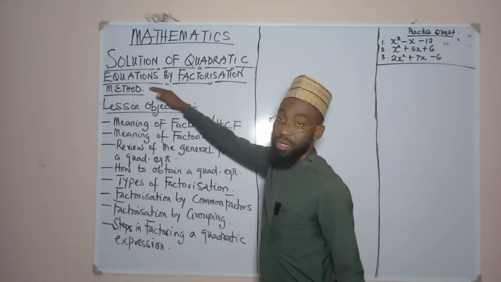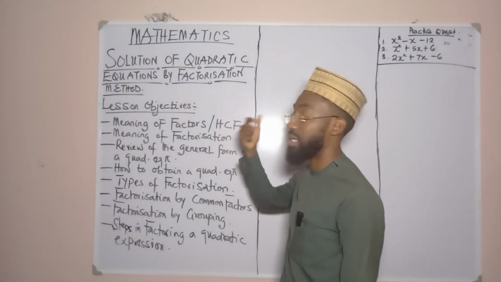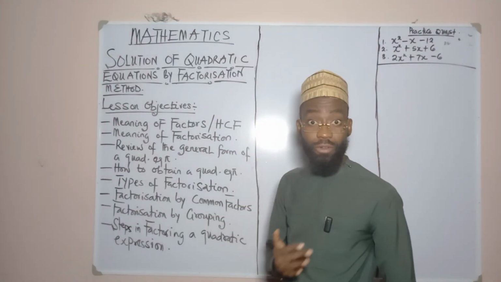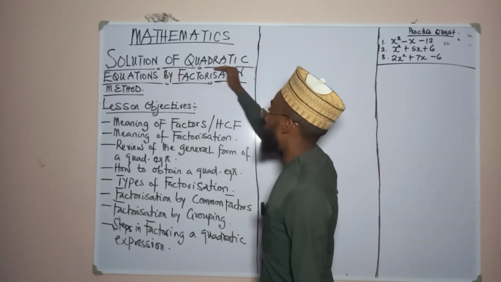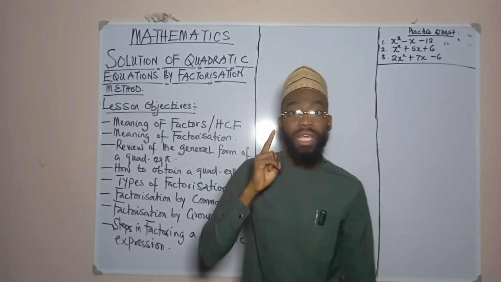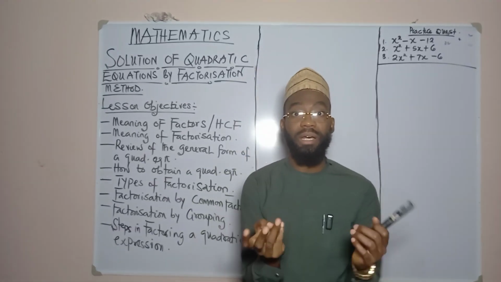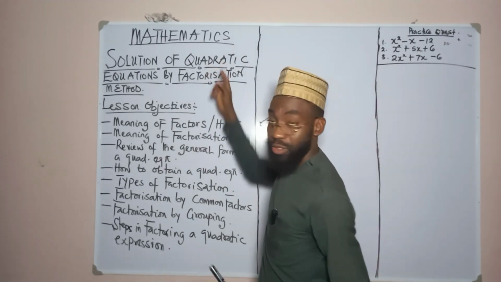Today, we're going to be talking about a very interesting topic, the topic we had earlier discussed in our previous video for those of us who have been following us very keenly. We have solution of quadratic equations by factorization method. Don't forget, in our previous videos, we have talked about the types of methods of solving quadratic equations.